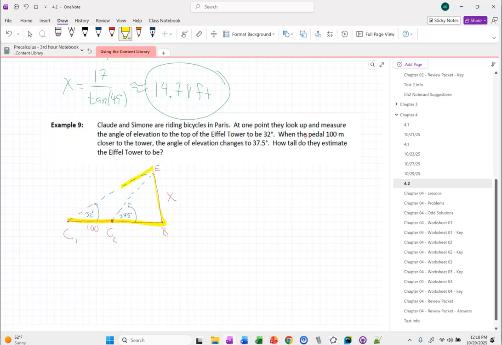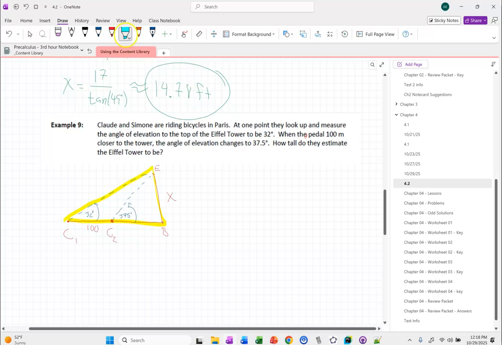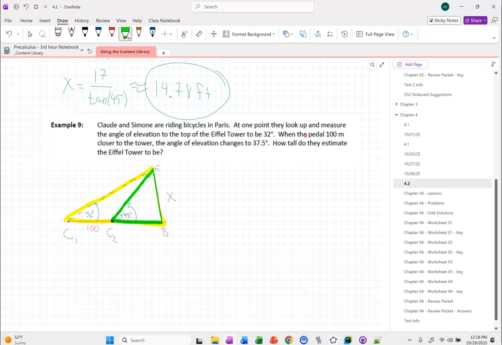And we have the big triangle. Use the green. And then we have the little triangle. Neither one of those two right triangles do we know two sides for, correct?